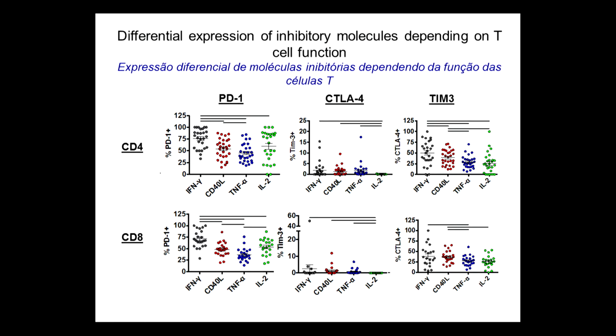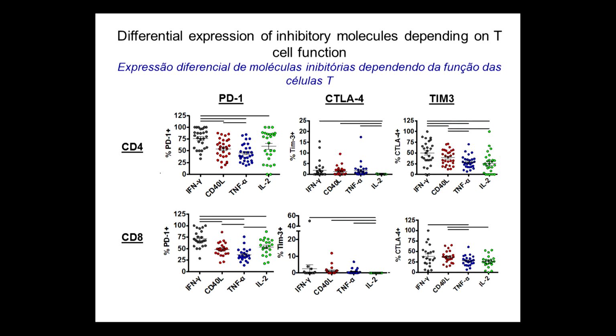But what was interesting to us was that CTLA4 was a little bit of an exception, because we found much more expression on the CD40 ligand and TNF alpha expressing cells. I made a mistake here. This is CTLA4 and this is TIM3.